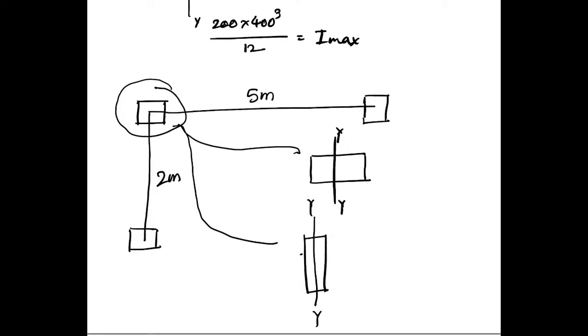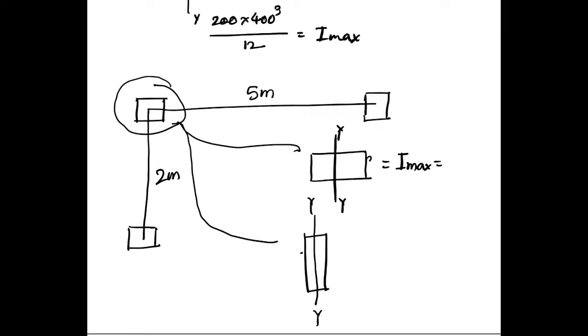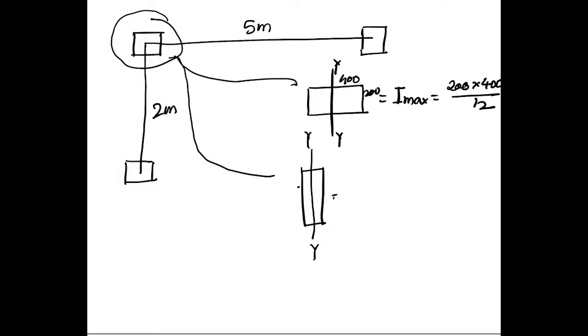So now here it will provide I max, let's take the same values 200 and 400. So here I max will be 200 into 400 cube by 12, and here it will provide I minimum, which will be 400 into 200 cube by 12.